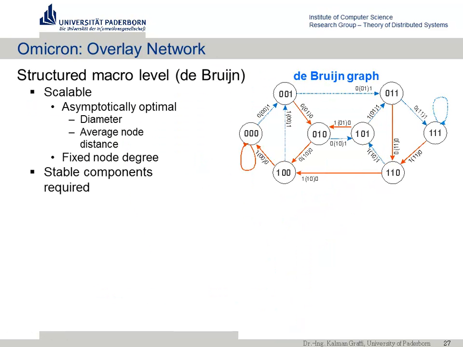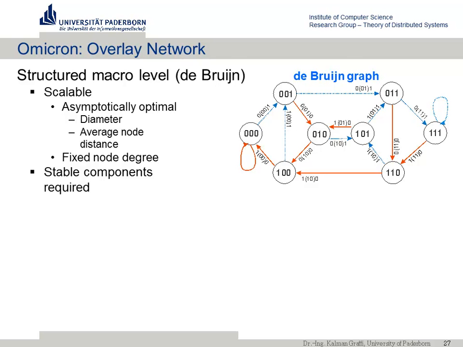Okay, so how does it work? The main picture that you should have of it is that it has different layers, at least two overlays. So the macroscopic view, if you look from the top of it, there you have these De Bruijn graphs.